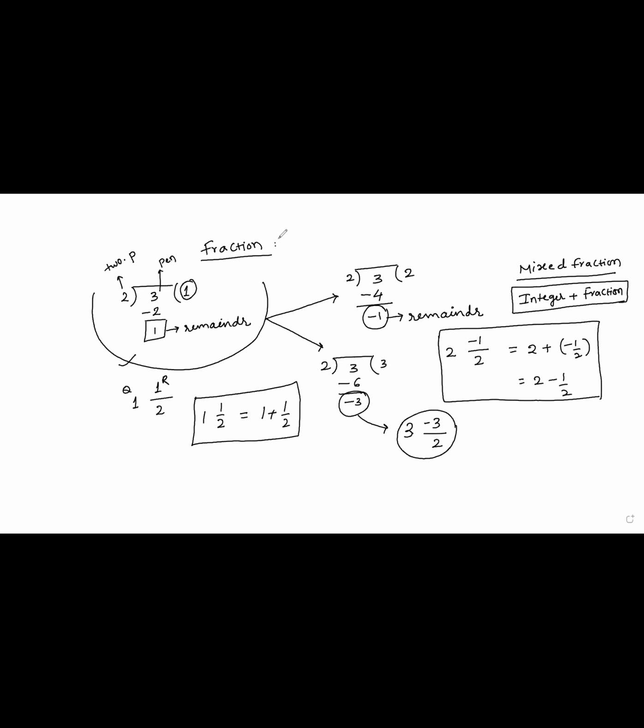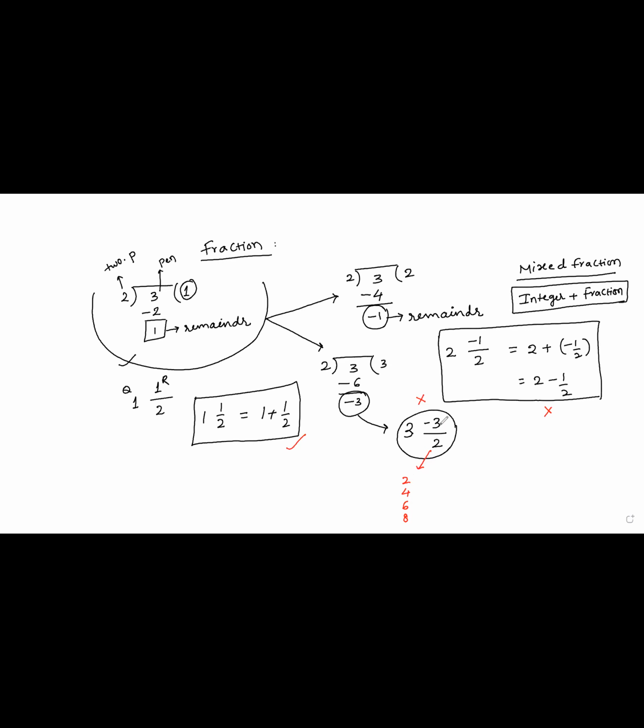In this case, if you observe carefully, this is wrong and this is also wrong. This is the only correct statement here. So we have to convert into the original form. For that, as I already told many times, whatever the divisor is, we write the divisor table: 2, 4, 6, 8, like that.